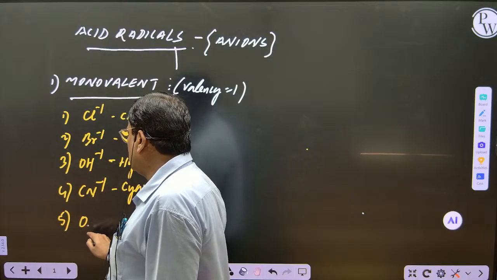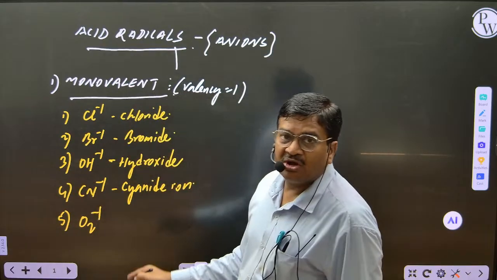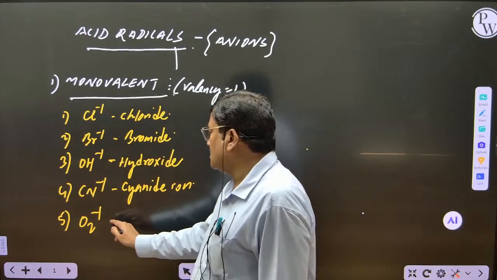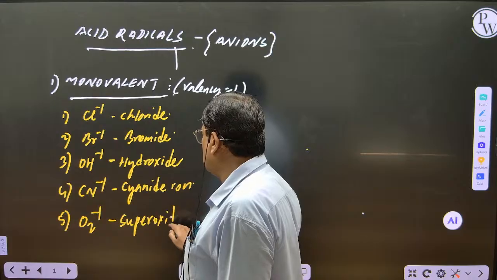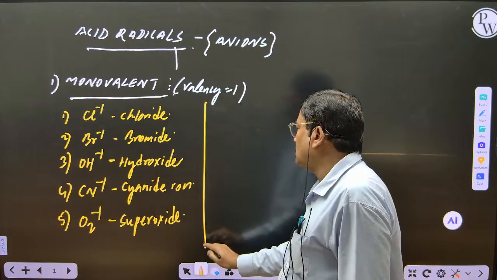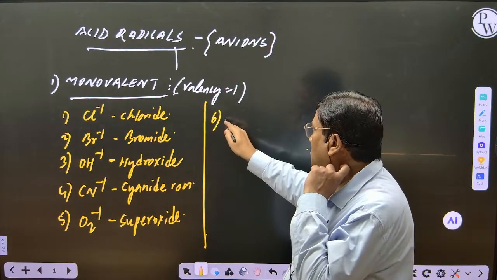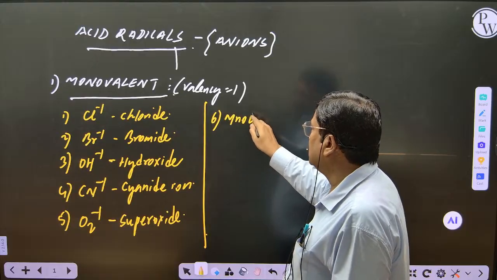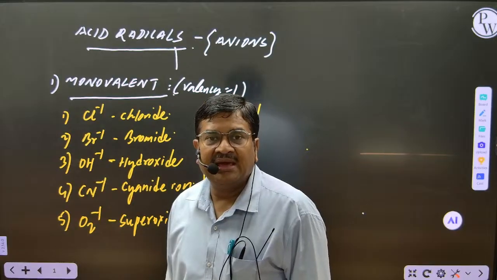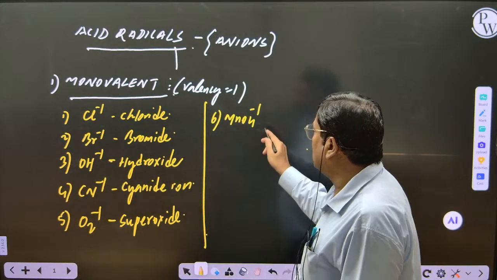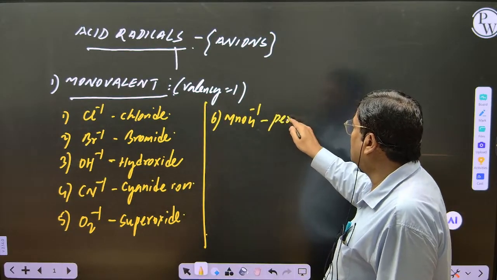O2 minus is called superoxide. And you know MnO4 minus. This is called permanganate ion. You know potassium permanganate, an oxidizing agent.